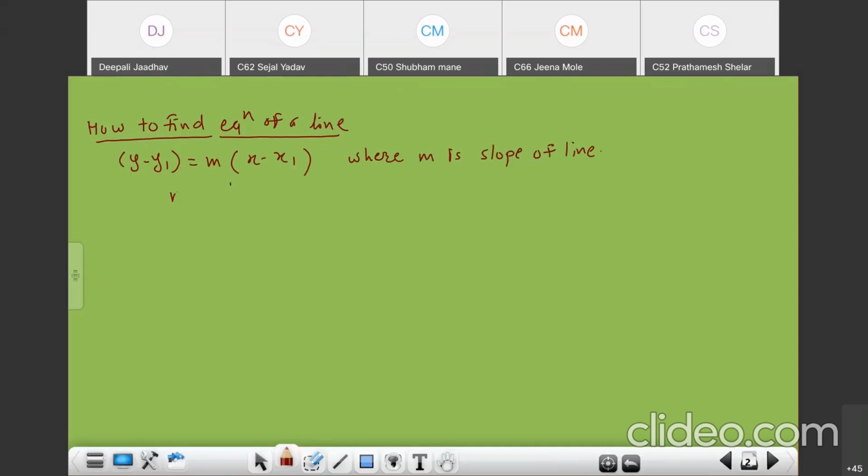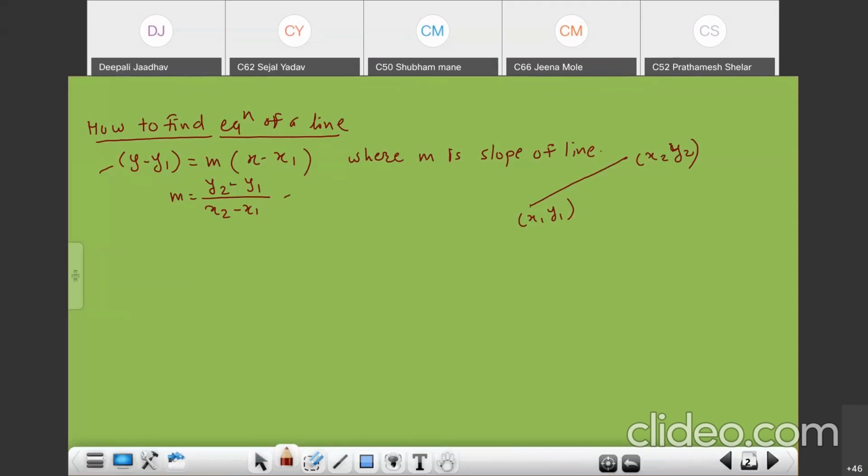We also know that m is equal to y2 minus y1 upon x2 minus x1. If a line has two points, the first point x1, y1 and another point x2, y2, then the slope is m equals y2 minus y1 divided by x2 minus x1, and using this slope we can find the equation of a line.